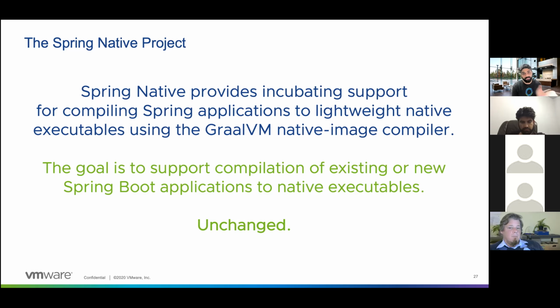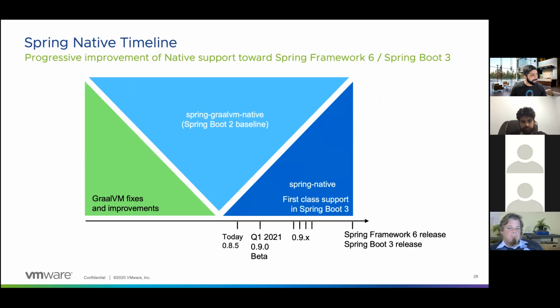And just be able to build these native images without you having to install Graal or make any changes, add configs, none of that, right? It's building that behind the scenes, so you don't have to. And that's the goal of this project. Yeah, we talked about that. So Spring Boot 3 is when it will be first class support for Spring Native.